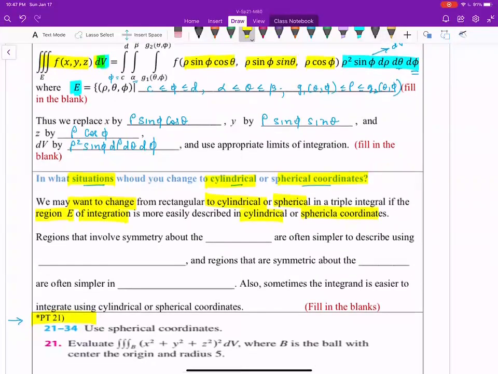Regions that involve symmetry about an axis, about the z-axis, are often simpler to describe using cylindrical coordinates.